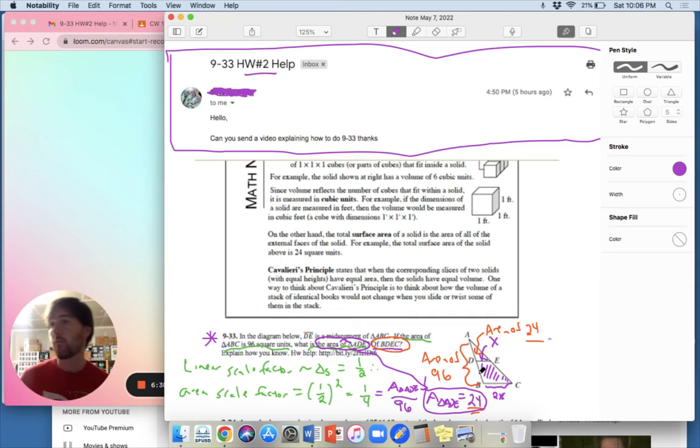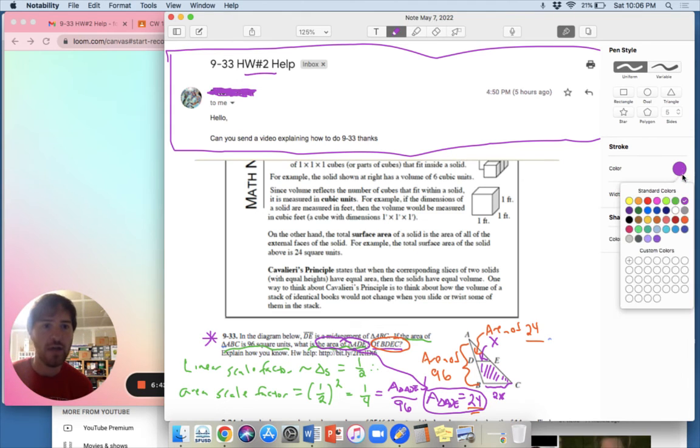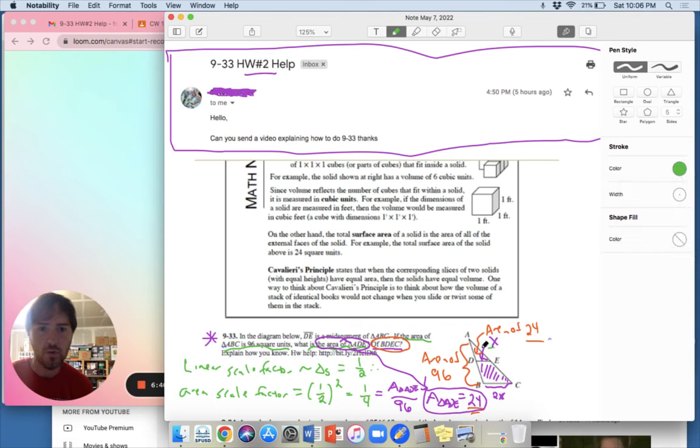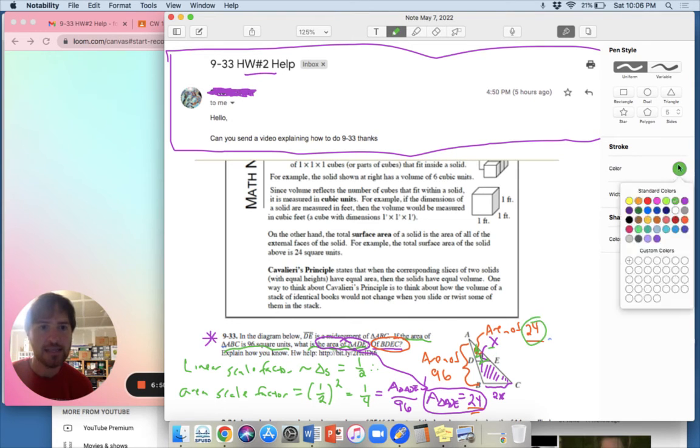So if I can't use the formula, really the only other way I can do it is, well, if I can find some other shapes I can cut around that trapezoid and figure out their areas. Well, I can't do that here. The only other way is going to be the area addition postulate. Okay, so I know that I have up top here in green the 24, and the whole thing here is 96.